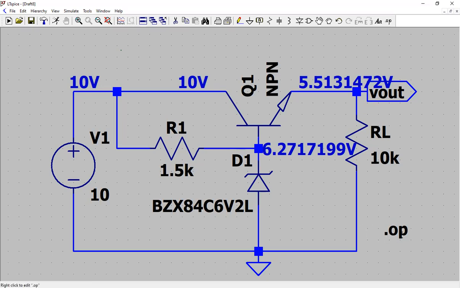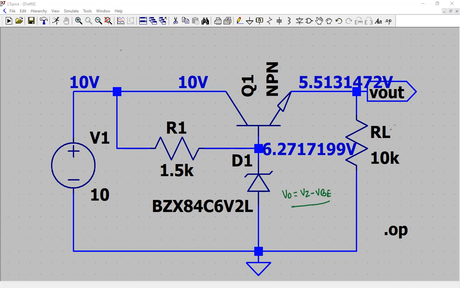So you see this .op command helps us to do such analysis. Now, the output voltage is 5.51, which is as per our equation, VO equal to VZ minus VBE.